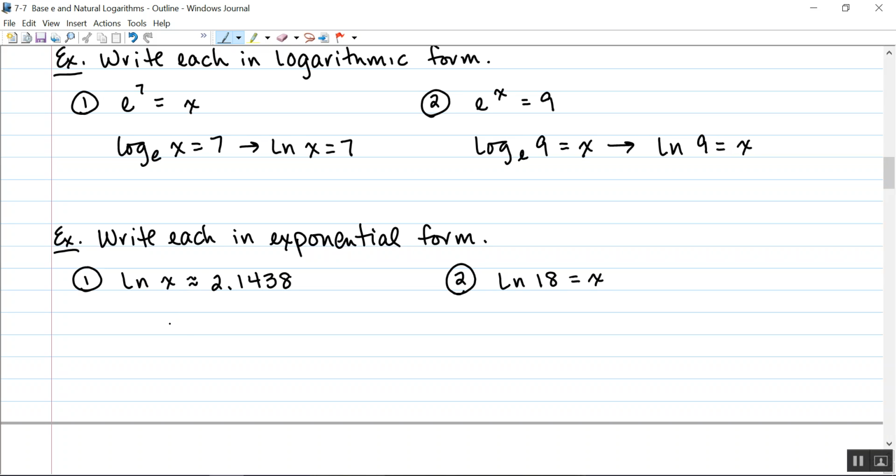Writing that in exponential form would be x is approximately equal to e raised to the power of 2.1438. And the natural log of 18 is equal to x would be e to the x is equal to 18. If it's a little hard to understand this ln thing, you can always write ln x as log base e of x, and then maybe it'll look a little easier to put it into one form or the other.